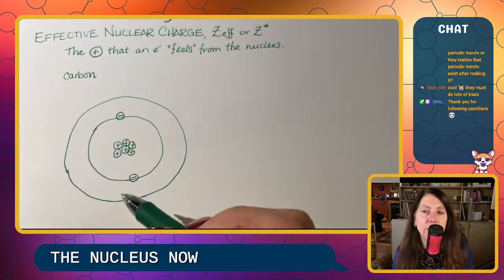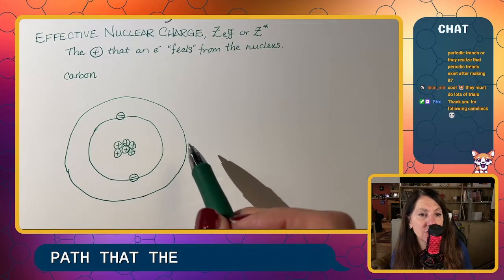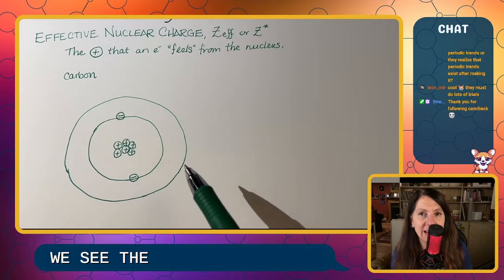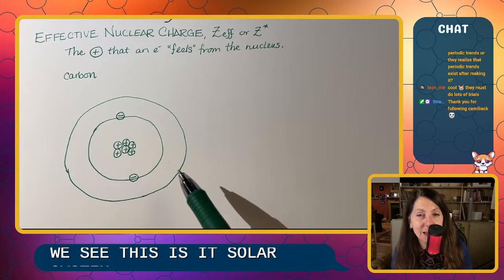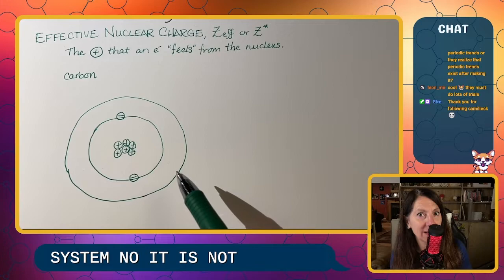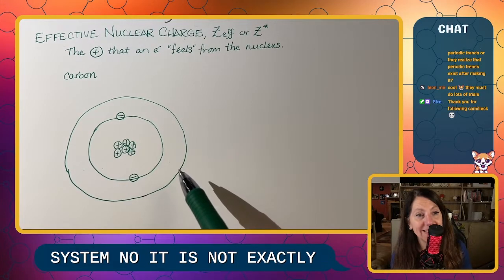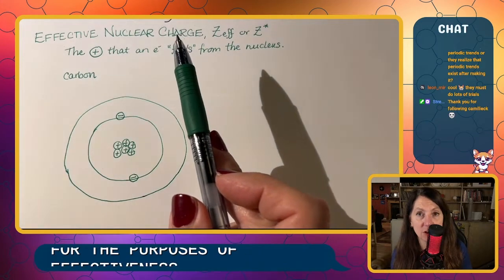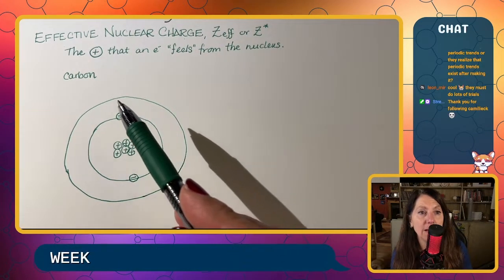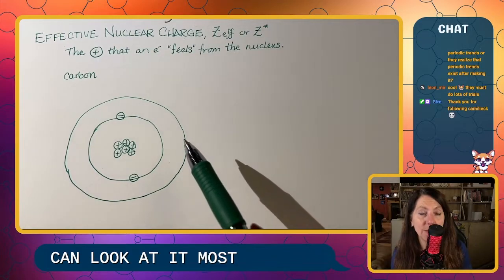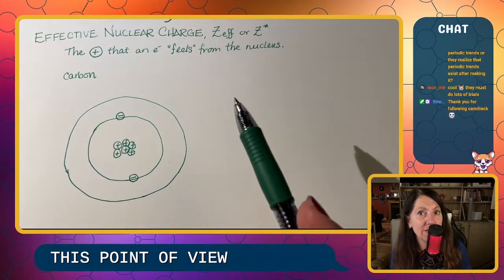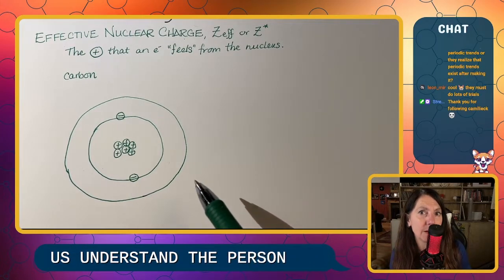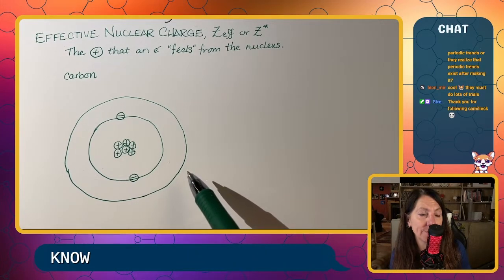Now, does the path that these electrons follow, is it a circle like this? Is it a solar system? No, it is not exactly. But the good news is, for the purposes of effective nuclear charge, we can look at it mostly from this point of view, which simplifies things and helps us understand the pertinent parts of what we need to know.